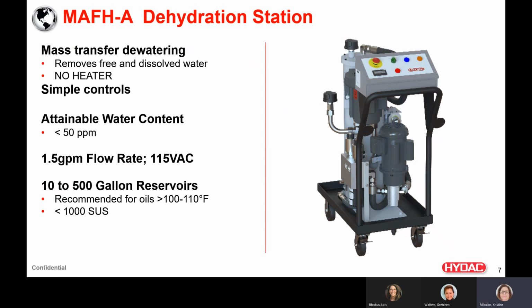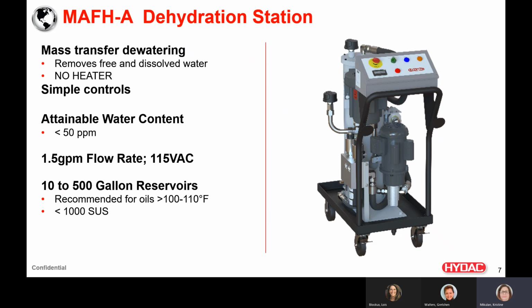Now our MAFHE dehydration station is our smaller unit compared to the MAFHE, the same technology, removing free and dissolved water. However, there is no heater supplied on this unit. It has very simple controls, as you can see from the control panel, just an on-off switch.